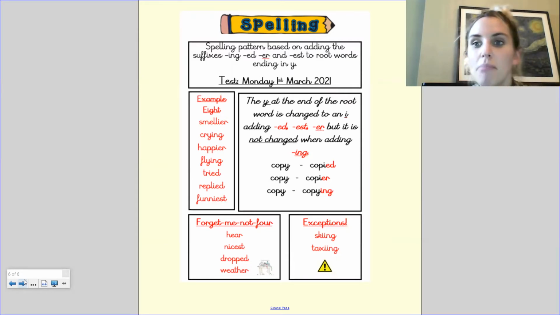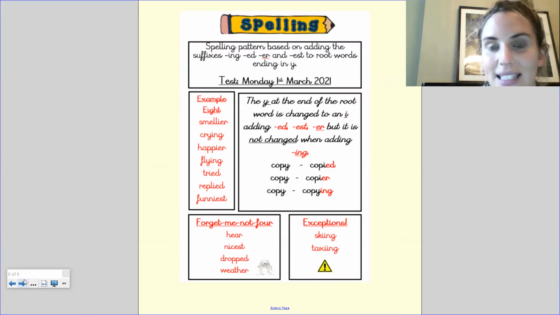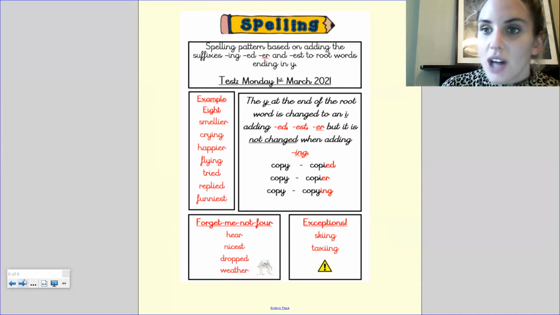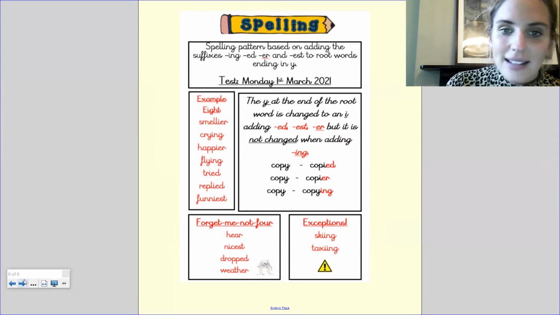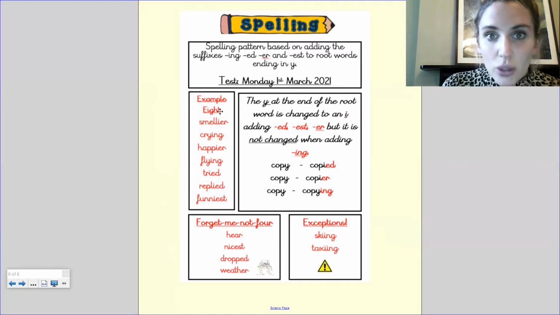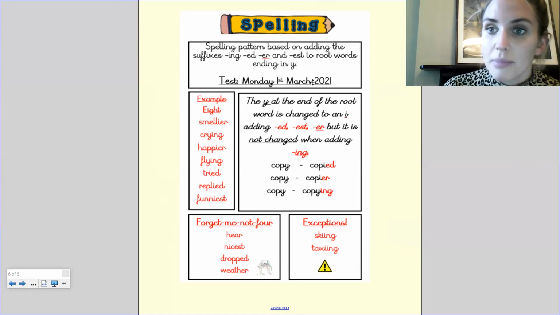Okay, now tomorrow you are going to do your high frequency words with Mrs. Weston, and on Friday we're going to have our box set preview quiz instead of spelling, where we're going to have a little bit of a quiz about what we've learned this week and some questions about last half term as well to see if you can remember what we learnt. Okay, so it is only today's lesson where we're practicing this rule. So between now and then, if you want to be practicing your different spellings from your spelling list ahead of our test on Monday, that would be great.